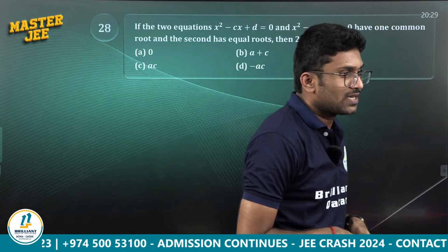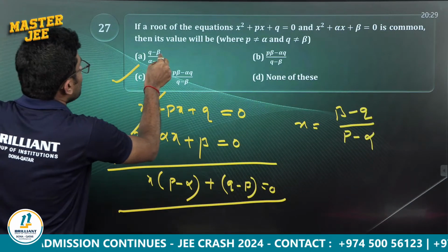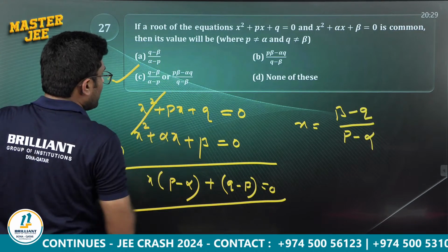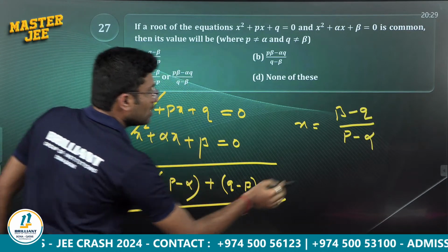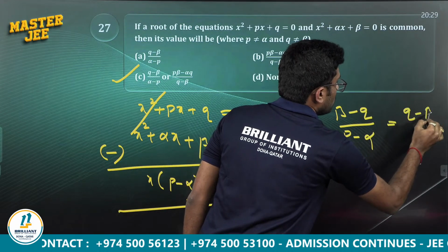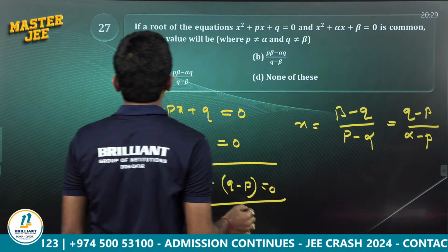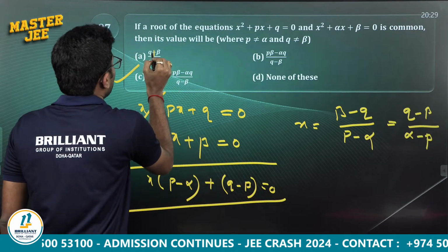Sir, why C and not A? Because in C, we have q minus beta divided by alpha minus p. There should be either a plus or a minus.